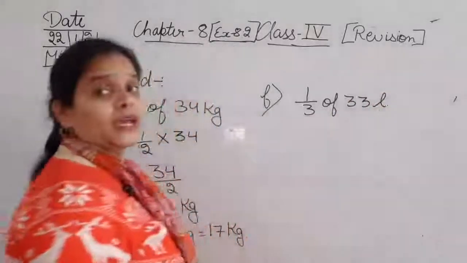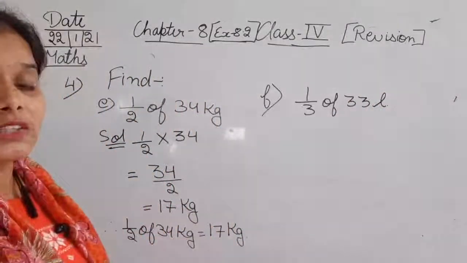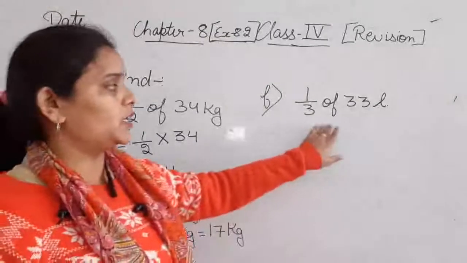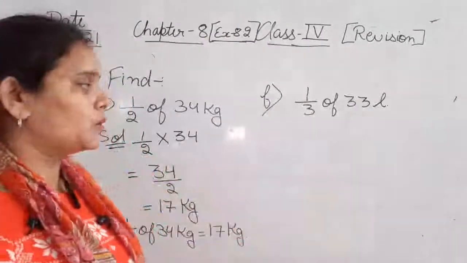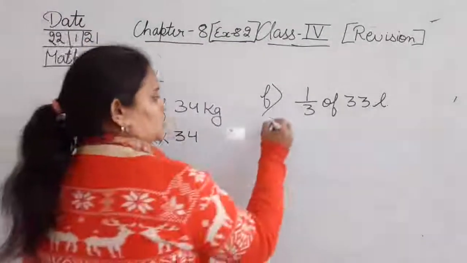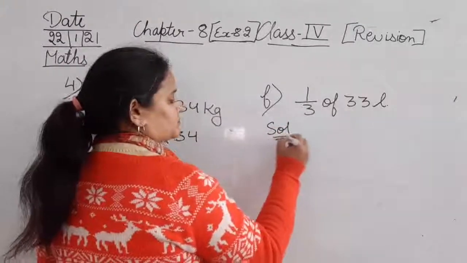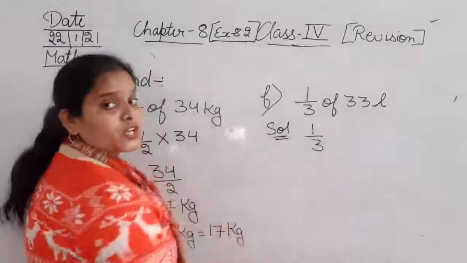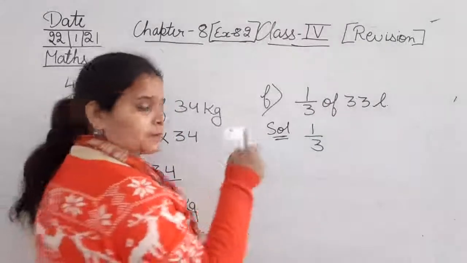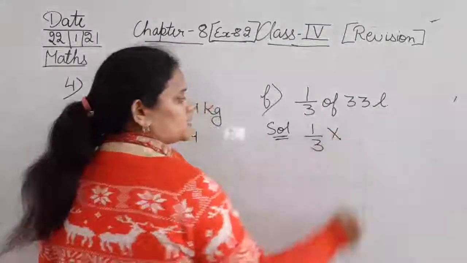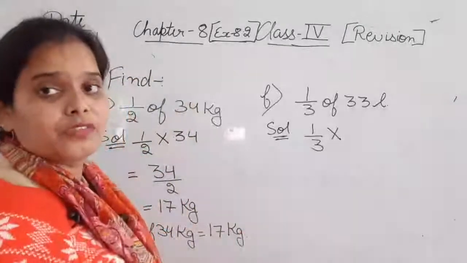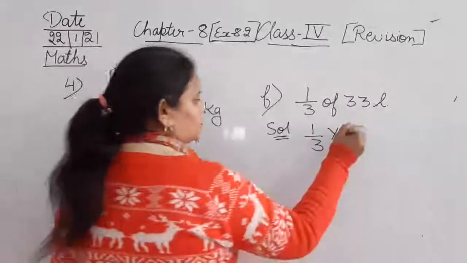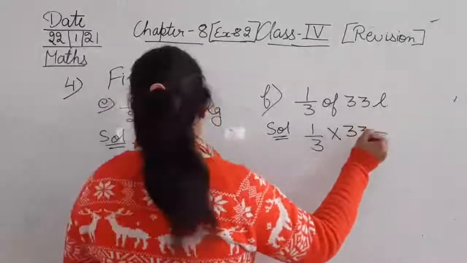So now we have to find the 1/3 of 33 liter. Okay, तो 1/3 निकालना है 33 liter का. Same as it is, 1/3 will be same. Of will change into sign of multiplication. 33 liter will be same, that is 33.